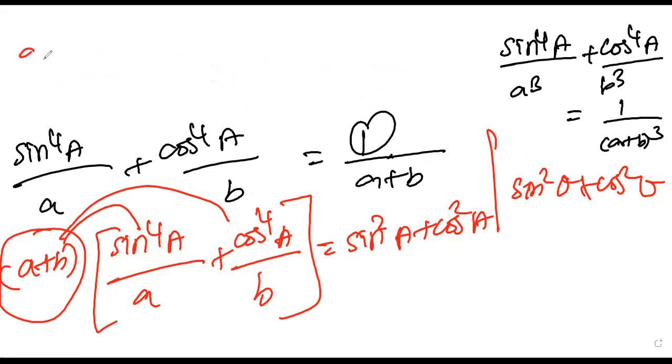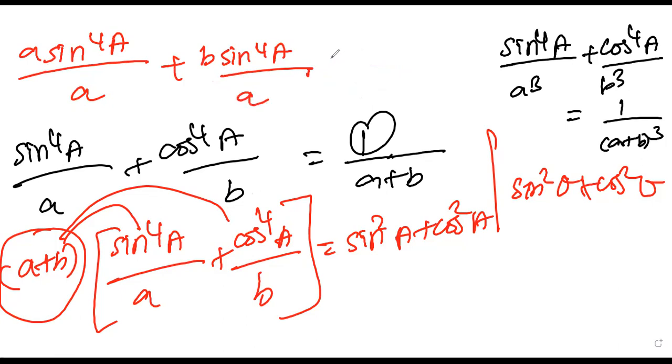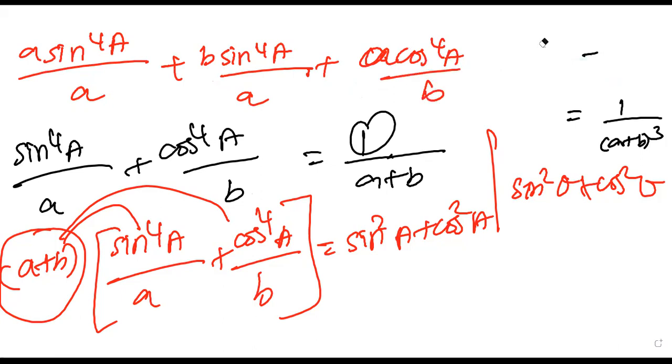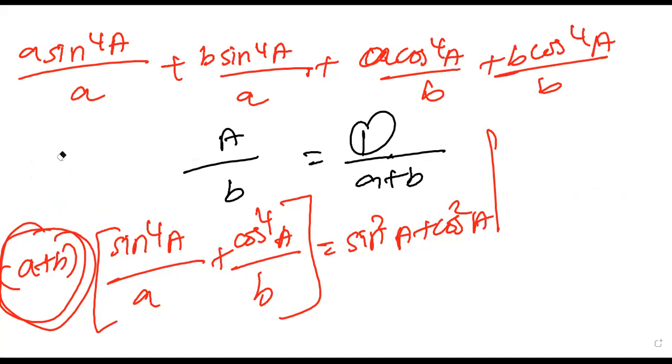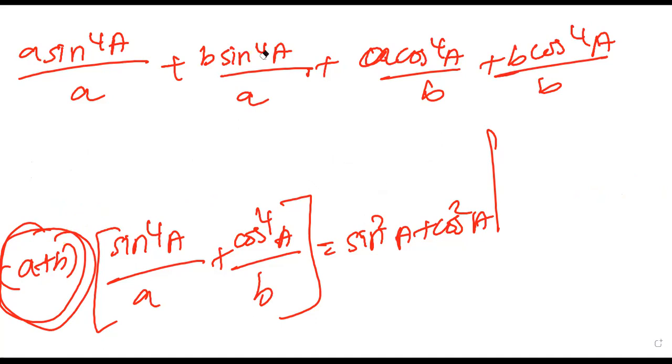So now you can write this as a sin⁴A / a + b sin⁴A / a + a cos⁴A / b + b cos⁴A / b. Just taking a + b, multiplying with sin⁴A and multiplying with cos⁴A. Just a simple multiplication. On the right side, I still have sin²A + cos²A.